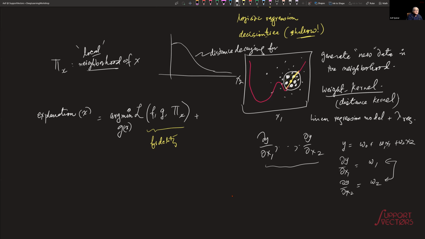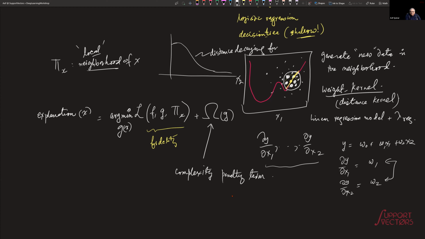And to prevent the function from getting too complex, you add a complexity penalty term. Are we together? This penalizes the learning process if it starts getting too complicated.